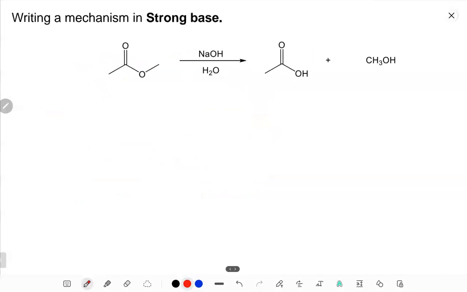So there are different ways of writing mechanisms as well as drawing intermediates in such mechanism. And it will depend on what condition you are using or is given in the reaction. In a typical organic synthesis reaction, for example, you have your reaction and you have finished the reaction.